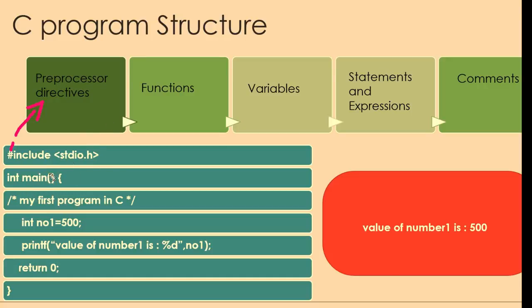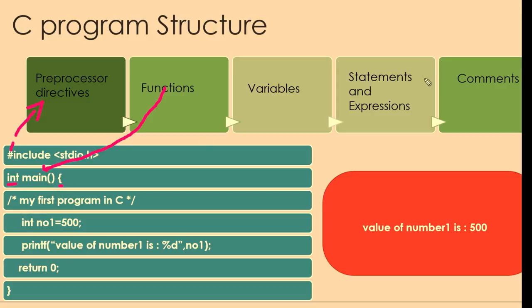Then next is the main function. This is the int main function, a main function with return type integer, followed by an opening brace, which specifies the scope of the main function. It means the main function's scope will start from here.